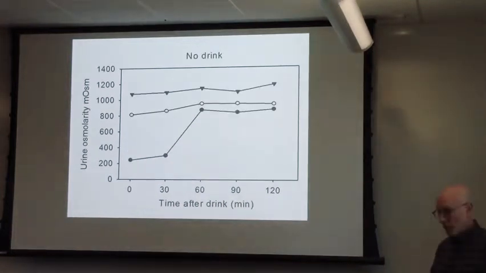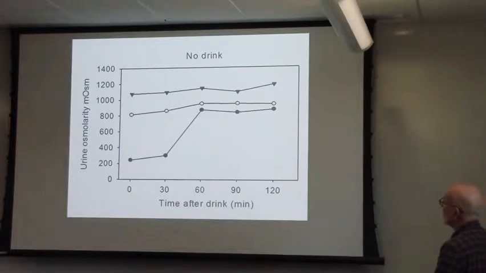And here's a different group of students. Again, some were relatively dehydrated and producing a concentrated urine, and some were quite hydrated and producing a dilute urine. Then they were water deprived for an hour or two. The ones that were dehydrated stayed dehydrated, as you would expect.